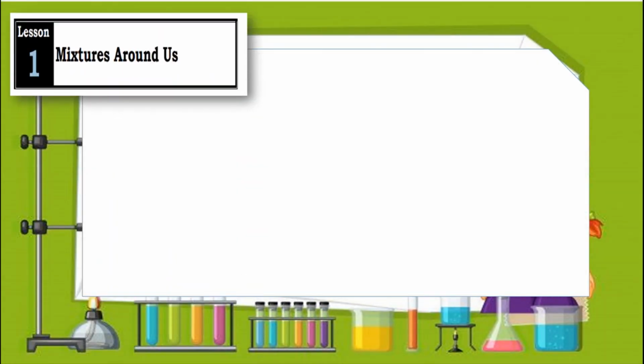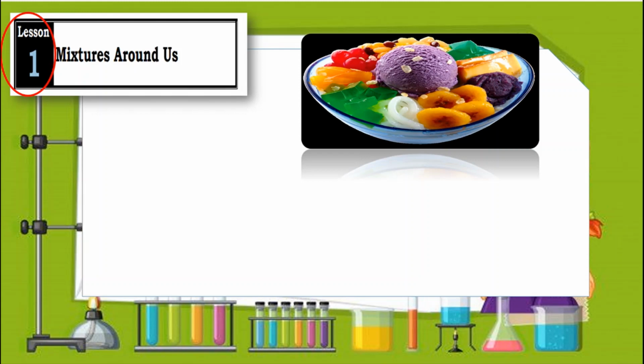Okay. So, let's go to, this is now Lesson 1, Mixtures Around Us. Okay, kakita na ba mo ani or nakatilaw na mo aning picture diri? It's very delicious. This is what we call halo-halo.